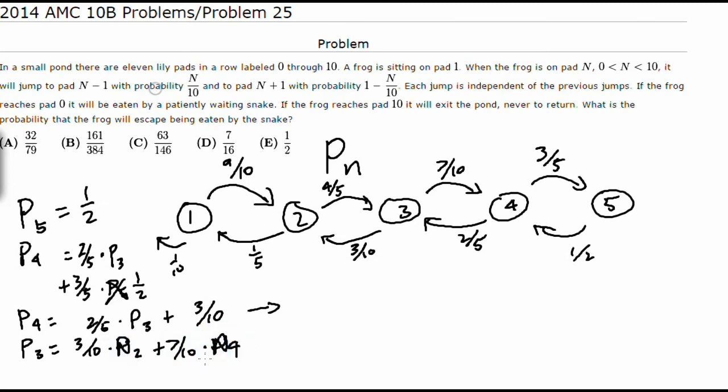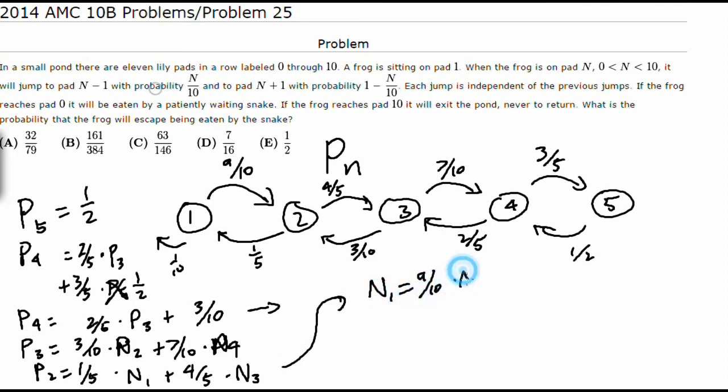And then of course P2 equals 1/5 times P1 plus 4/5 times P3. And then P1, which is what we want to find, equals 9/10 times P2.